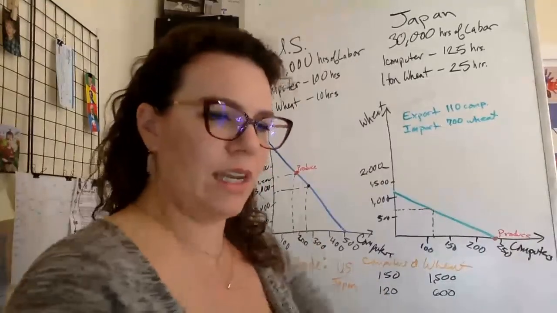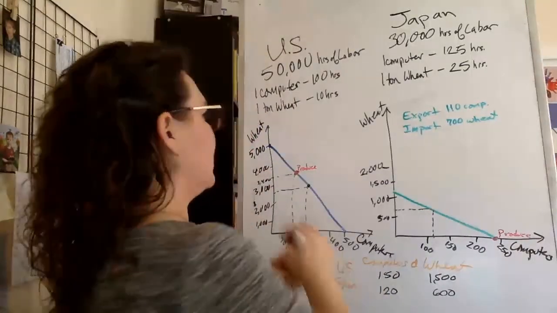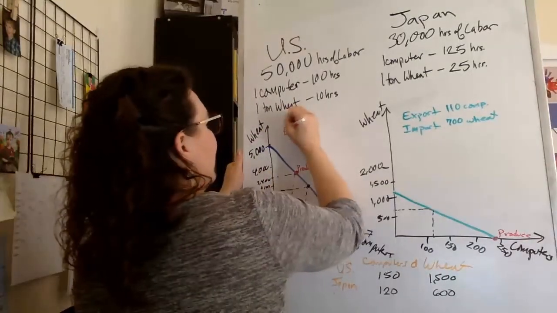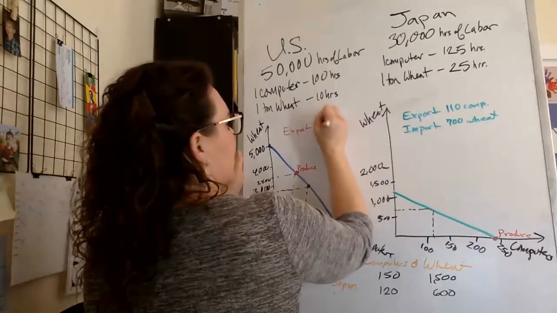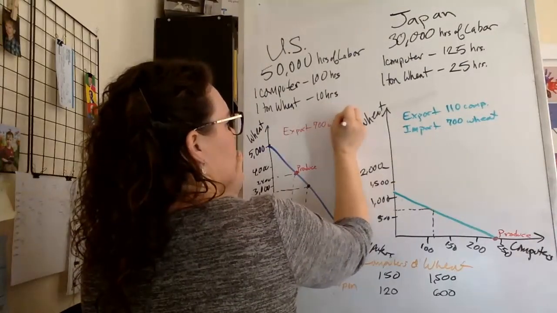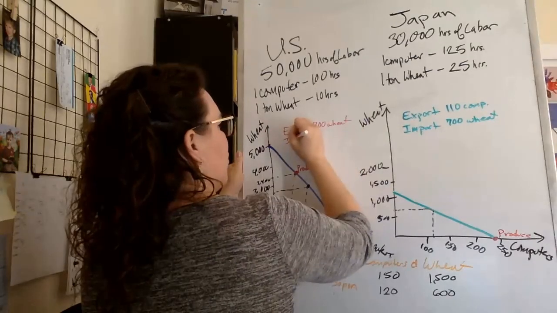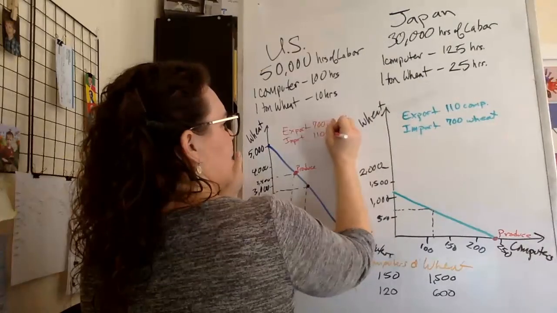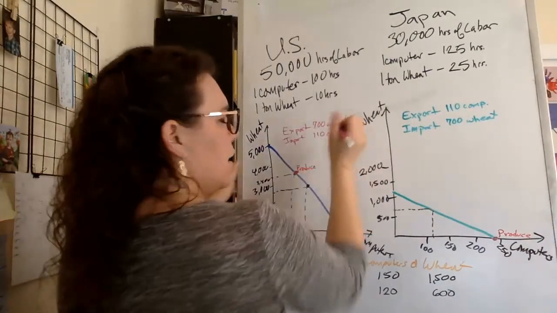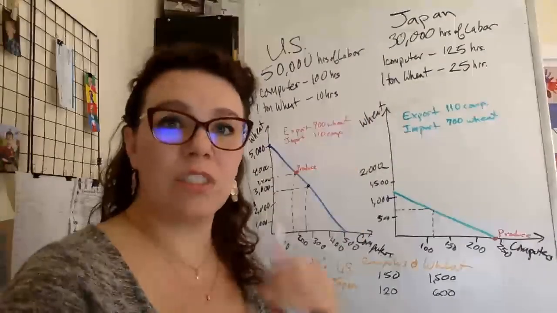Meanwhile, on the other side, the US is going to do the opposite. The US is going to export 700 wheat and import 110 computers. And part of what we're doing in this example is we're simplifying, right?